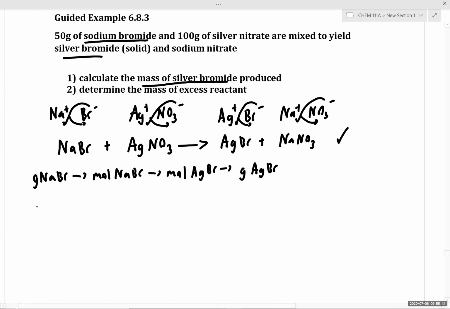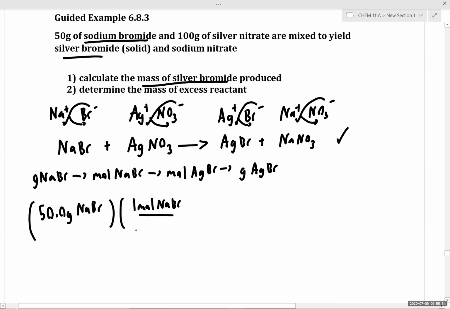Okay, with that established, if we have 50.0 grams of sodium bromide, we know that in 1 mole of sodium bromide, we have 22.99 grams per mole plus 79.9 grams per mole. This is just a molar mass calculation that we've done time and time again.